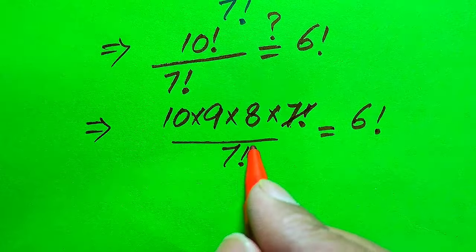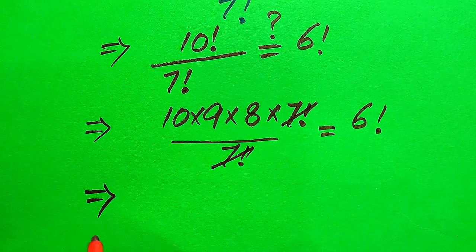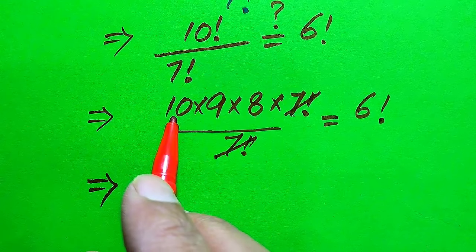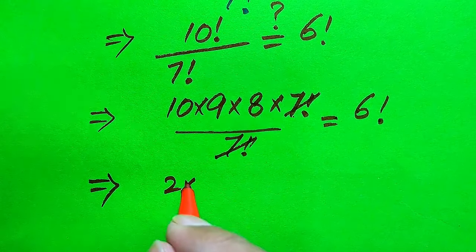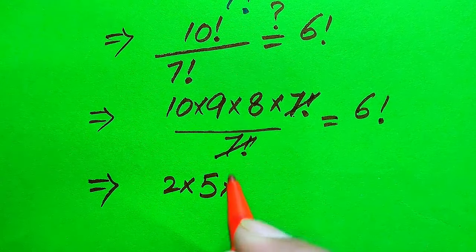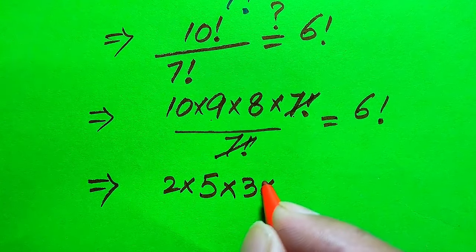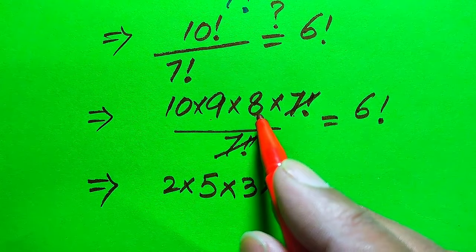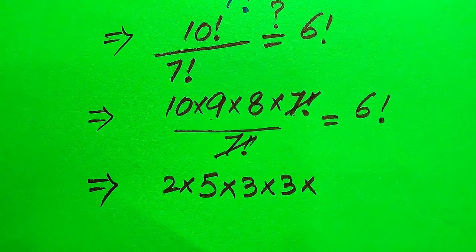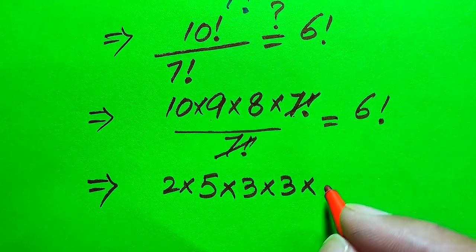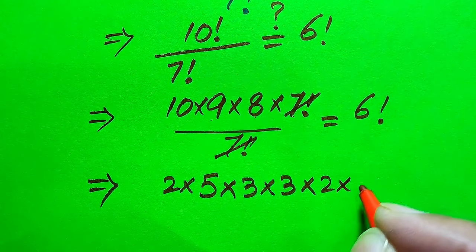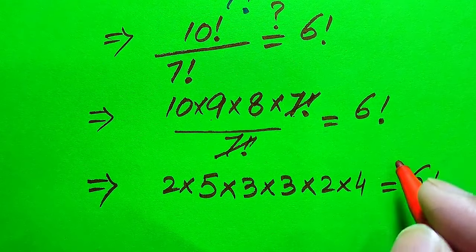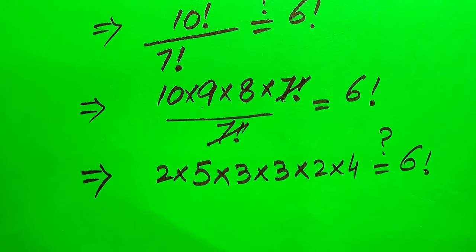Now this 7 factorial is cancelled out by this 7 factorial, and we break all of these three values: 10 we write as 2 times 5, 9 as 3 times 3, and 8 as 2 times 4, and we check whether this equals 6 factorial or not.